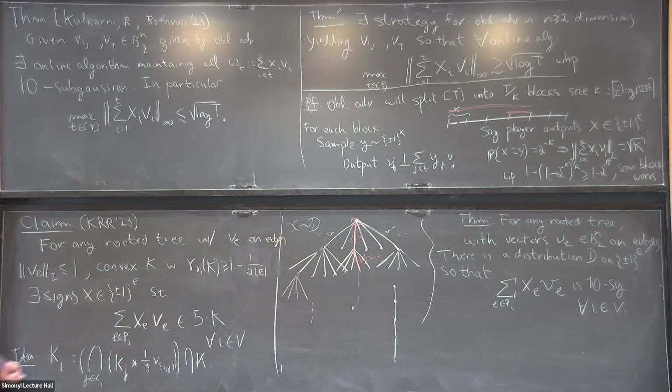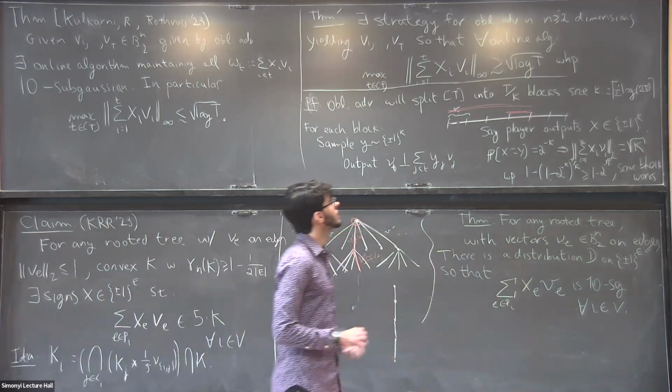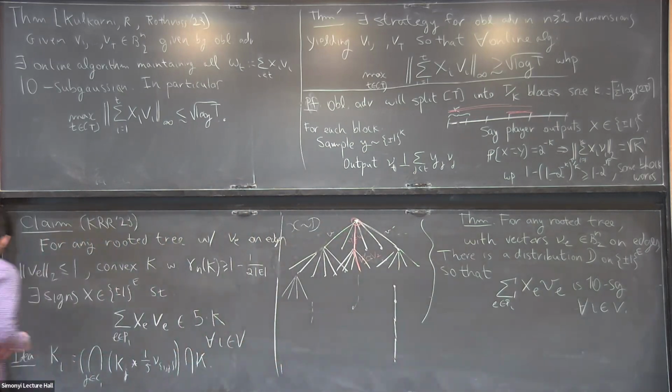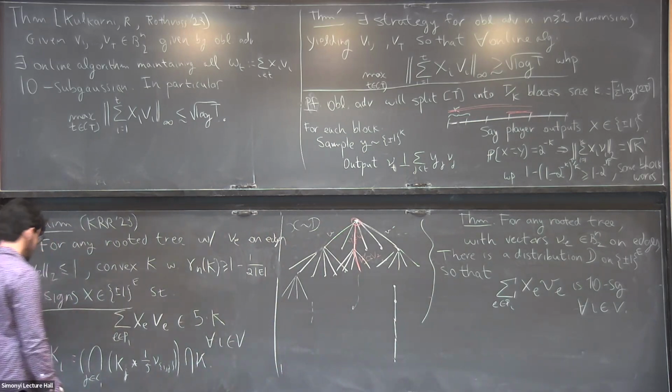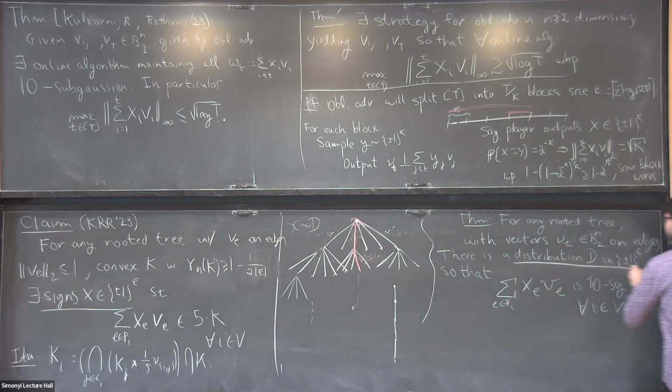And basically you run the same proof on this intersected body, and it turns out the same idea works. Okay, but this gives you a single sign. And here I promised you a distribution over sign vectors on the edges.